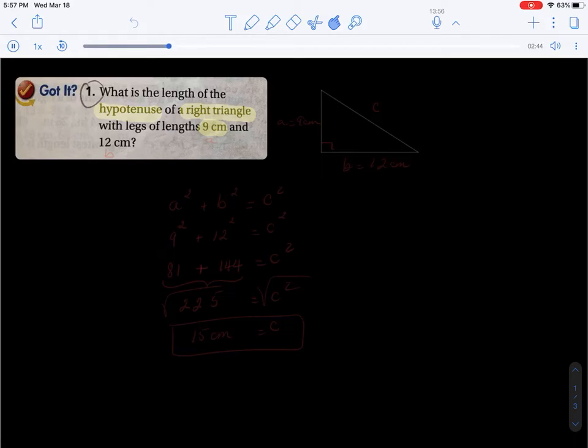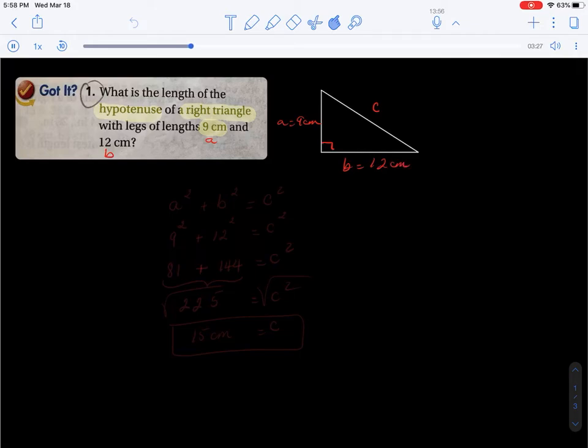If I were to draw this triangle, what is the length of the hypotenuse? It is unknown at this point. One leg I'm going to say is A, and the other is B. So A should be 9 centimeters, and B should be 12 centimeters.